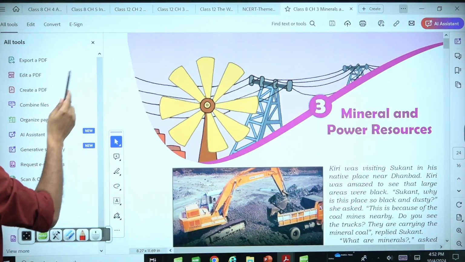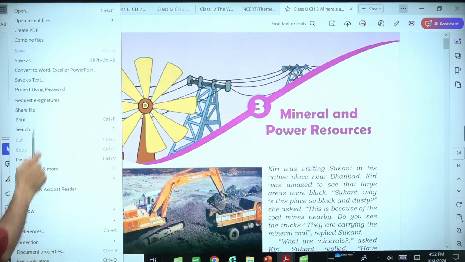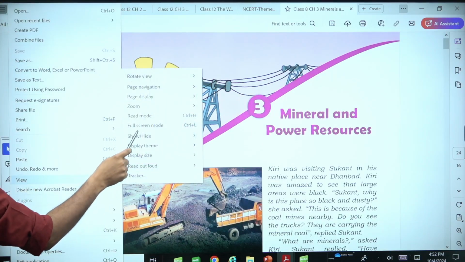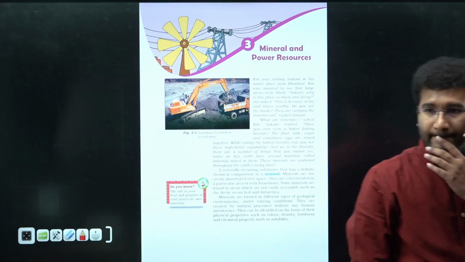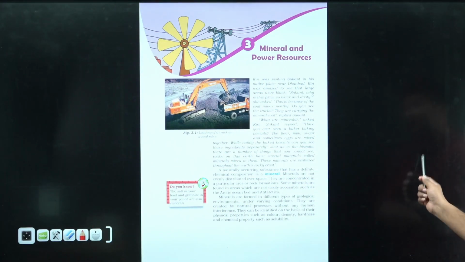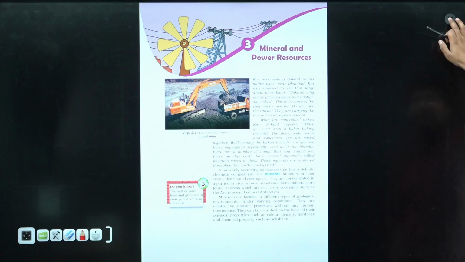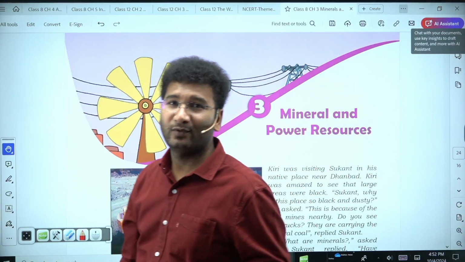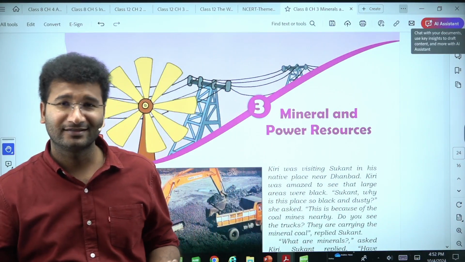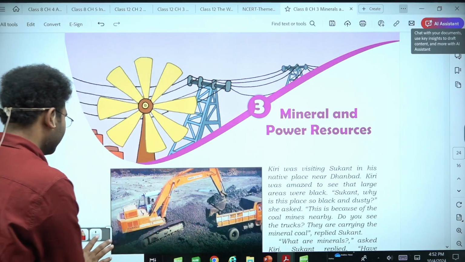Look here. This is the chapter. Let me show you what exactly is given in this particular chapter. See here. First, they'll tell you what are minerals and resources. This we have already dealt with in detail in the rocks chapter. Firstly, what is a mineral? A mineral is nothing but a collection of elements.